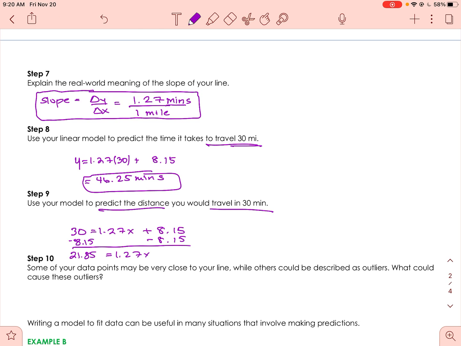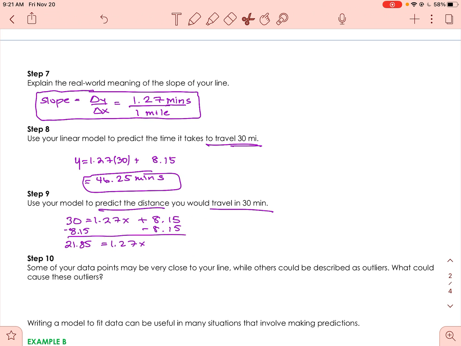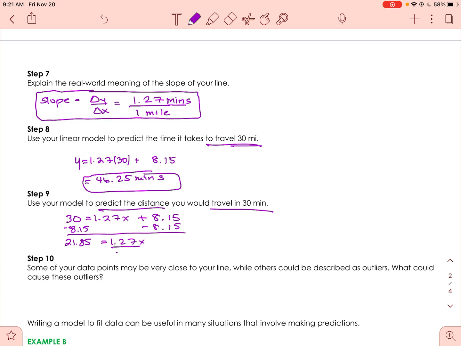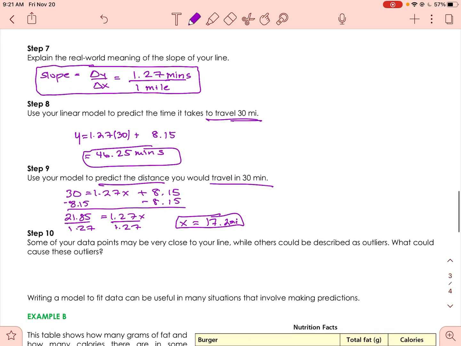That's equal to 1.27x. And then we would divide by 1.27, and that would give us x is equal to 17.2. So in approximately 30 minutes, you would travel approximately 17.2 miles.